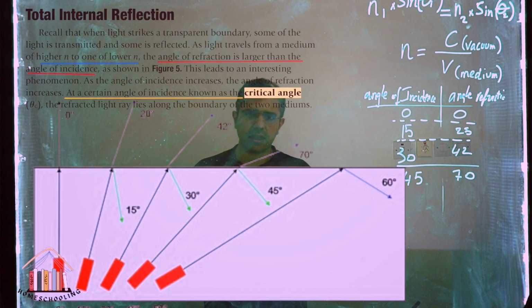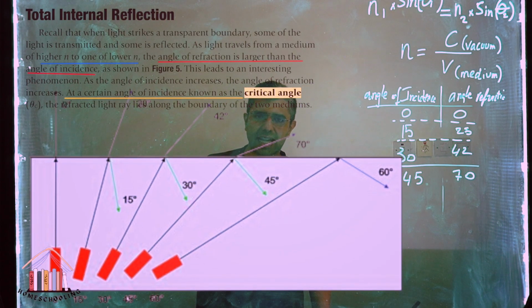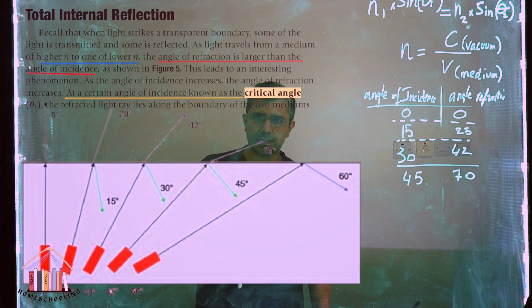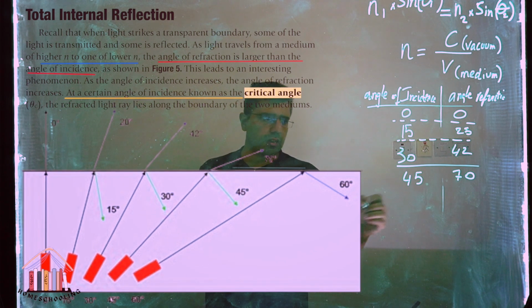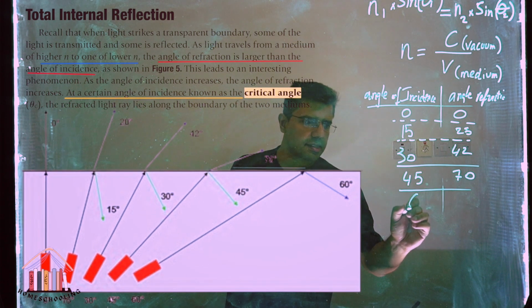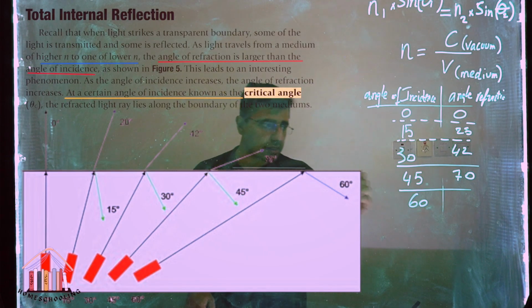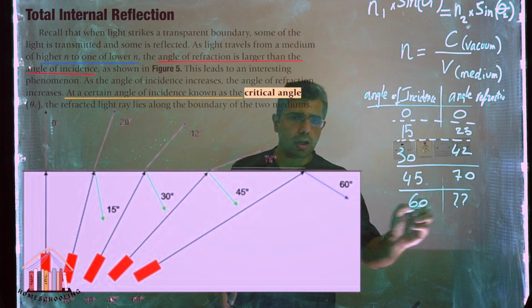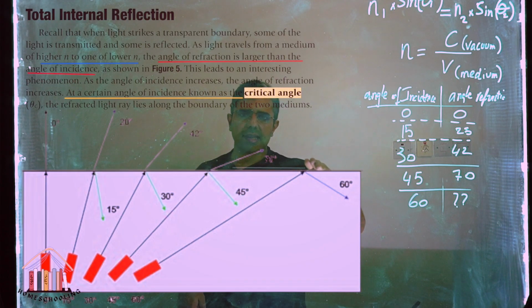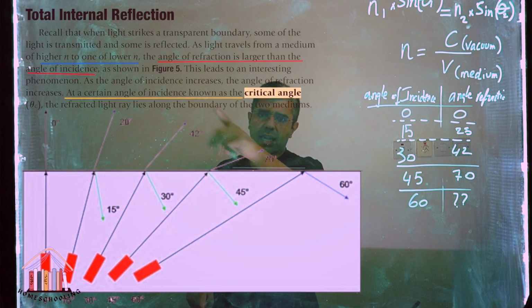But something special happens if we keep increasing the angle of incidence. Look at this. If we increase the angle of incidence to 60 degrees, let's say, what are we getting? There is no refraction. Why? Because the light is reflected.